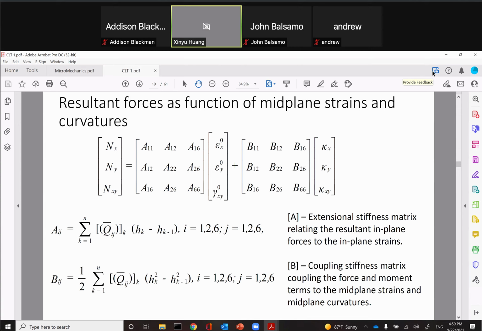All right. And then you have the relationship that describes the external load as a function of the mid-plane strain and the mid-plane curvature. So everything now boils down to mid-plane dependence. There is no dependence other than mid-plane.